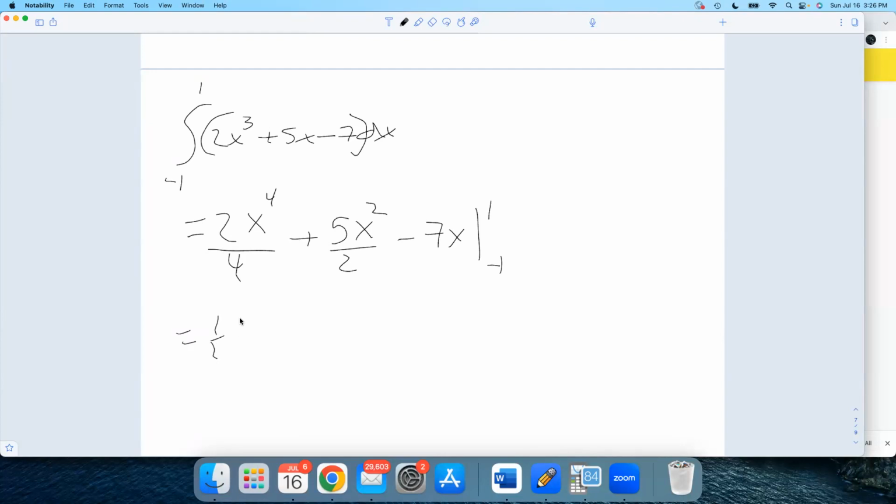That's 1/2 times 1 to the 4th plus 5/2 times 1 squared minus 7 times 1. Minus, it's always top minus bottom. Plug -1 in for all your x's: 1/2 times -1 to the 4th plus 5/2 times -1 squared minus 7 times -1.